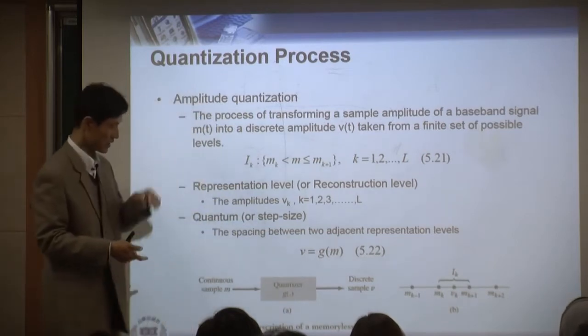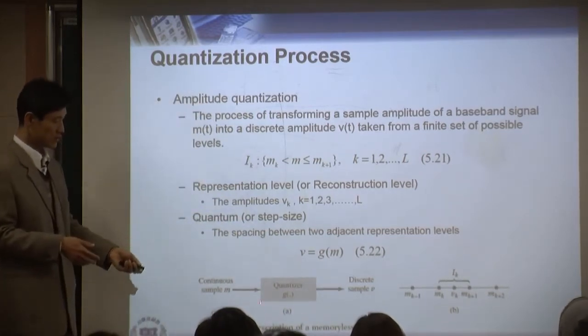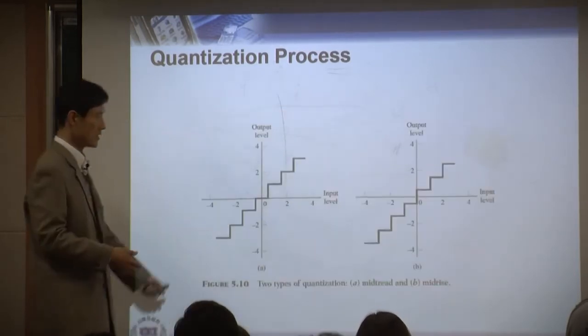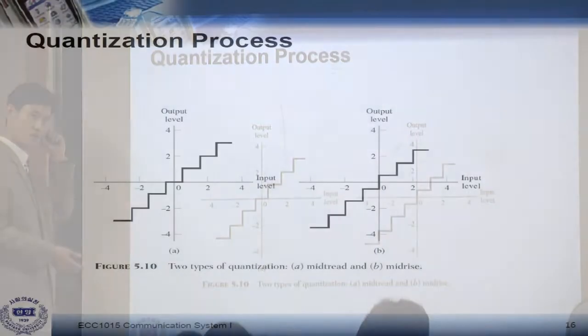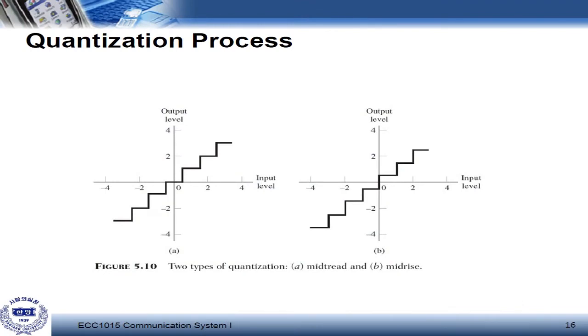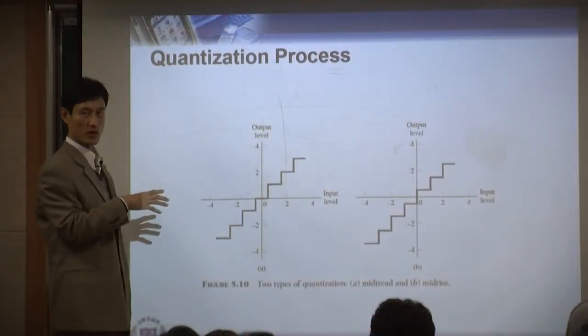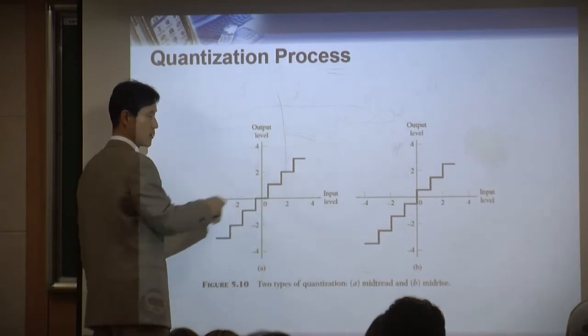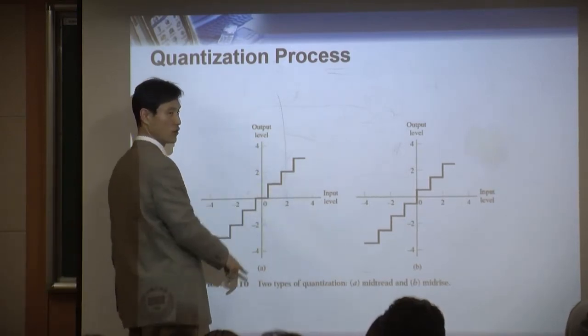Okay, so that's the output. Let's see what this quantizer function looks like. G is a quantizer function. We typically think about two different quantizer functions. These are the same thing. It's like a staircase function, right? This is what a quantizer function looks like. Here is the input, x-axis, and the y-axis is output.